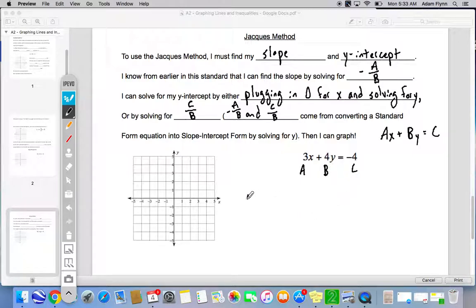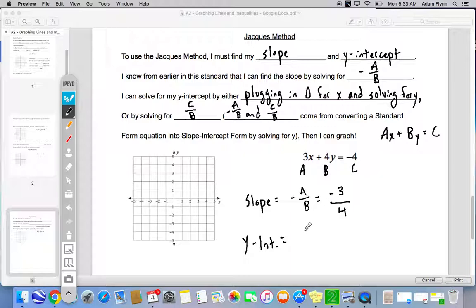So my slope, which equals negative a over b, equals negative a, which is 3, over b, which is 4. Okay, and my y-intercept is c over b.